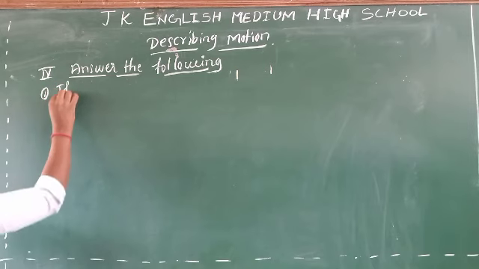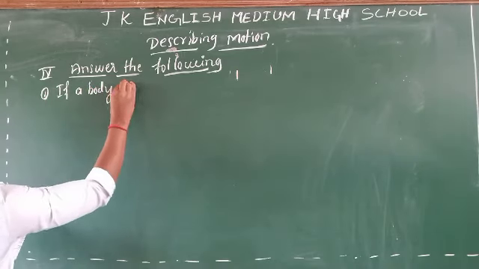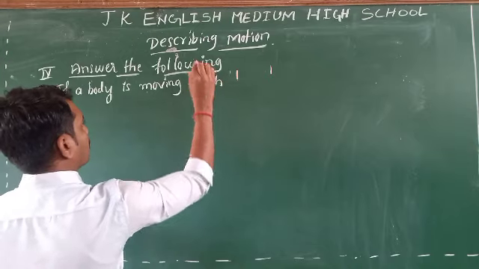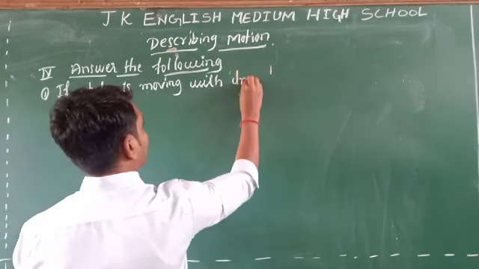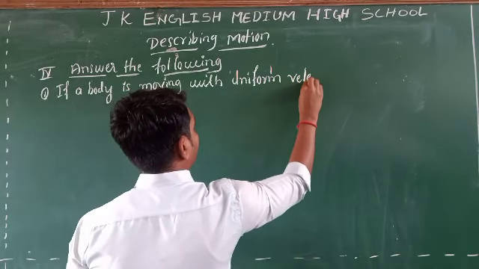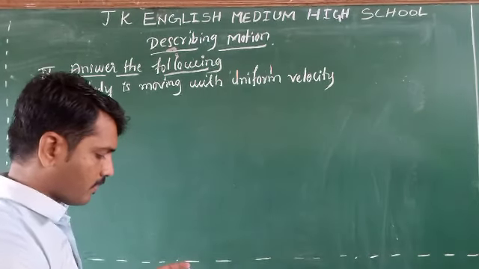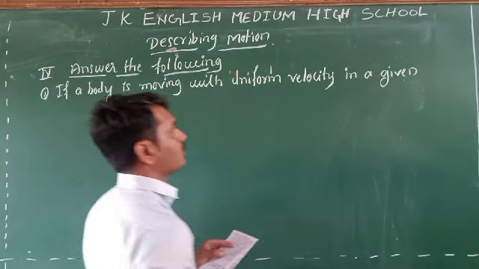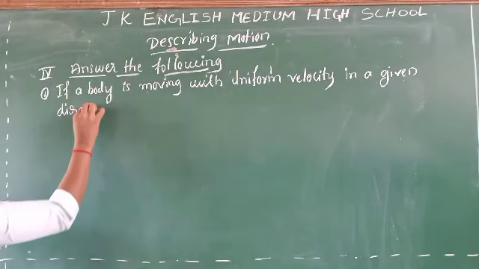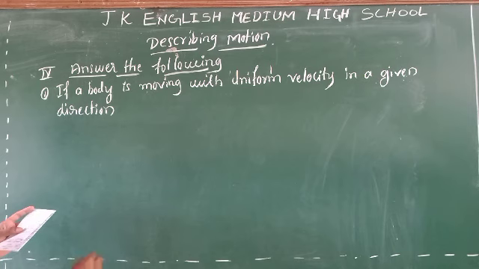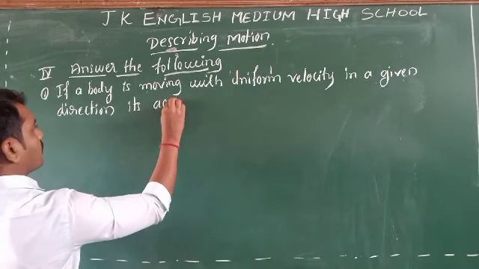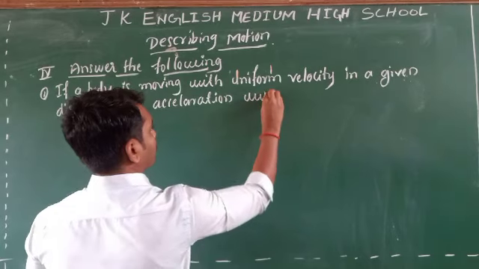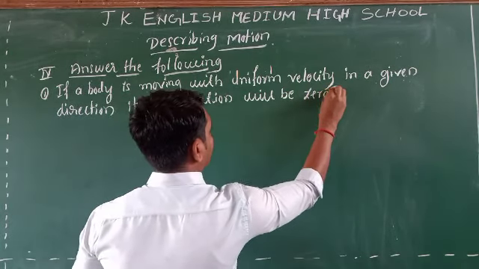If a body is moving with uniform velocity in a given direction, its acceleration will be 0, 1.